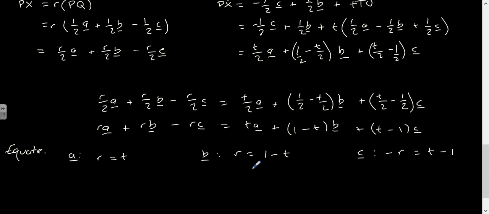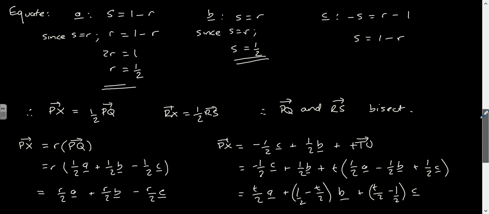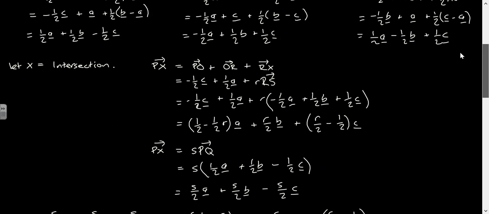So using R equals t, t equals 1 minus t, so t comes out as a half in the same way as before, which means that R is also a half, and if we do this one, we just verify that. So if R is a half and t is a half, then that means that we have gone along 1/2 of TU.